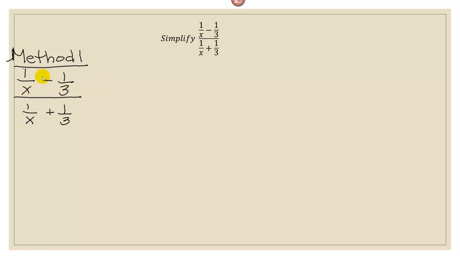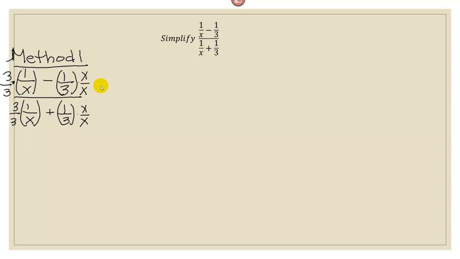So I need to make each of these things a 3x in the denominator. One way I can do that is I can take this and multiply it by 3 over 3, and I can multiply this one by just x over x, because that will make the denominators 3x. And I can do the same thing over here. The LCD of this denominator here is also 3x, just coincidence.